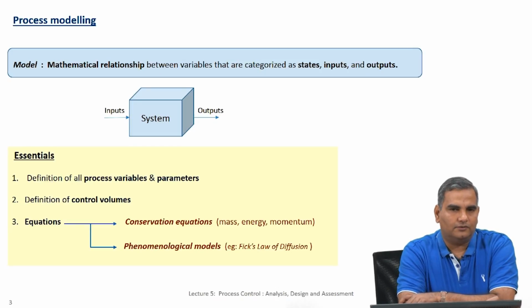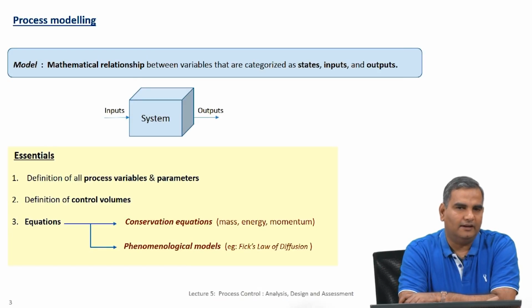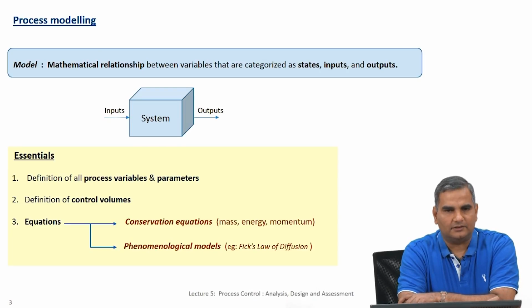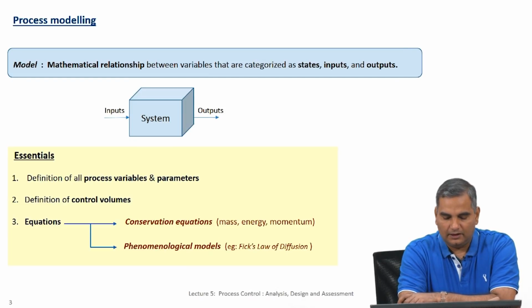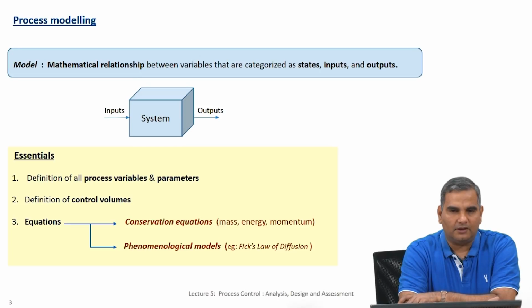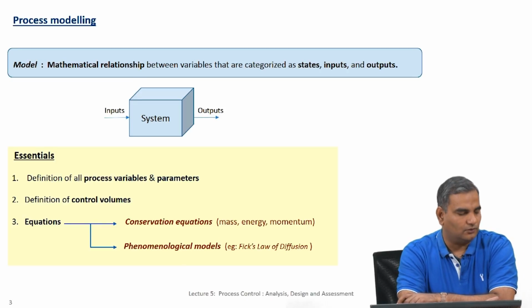These are models which have been validated and used in process modeling, and these models are based on observations and scientists coming up with phenomenological explanations for these observations. One such model that many of us will be very familiar with is Fick's law of diffusion. There are similar phenomenological models or equivalent phenomenological models in heat transfer, momentum transfer and so on.